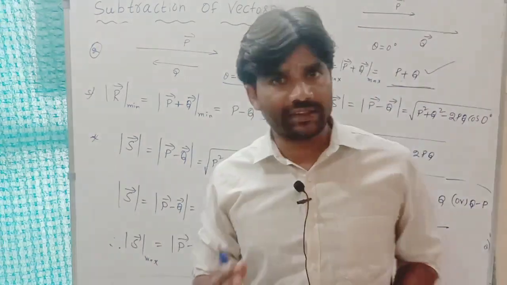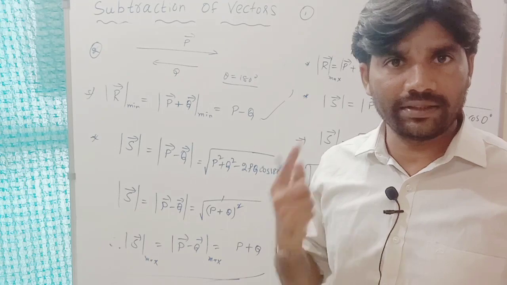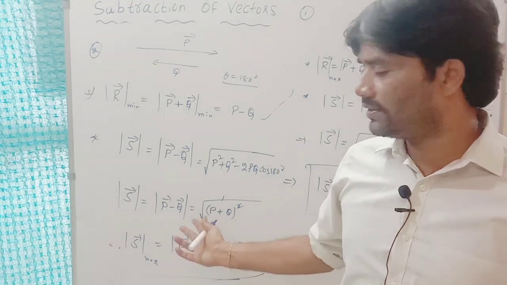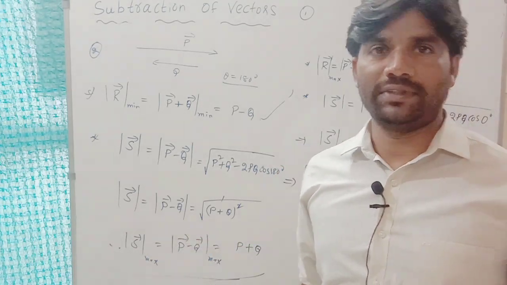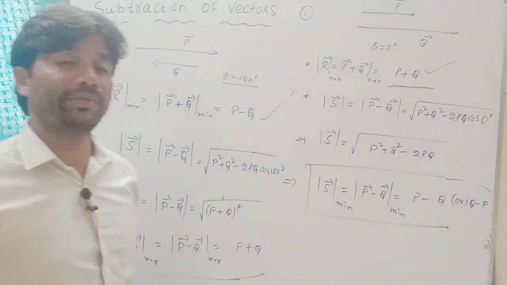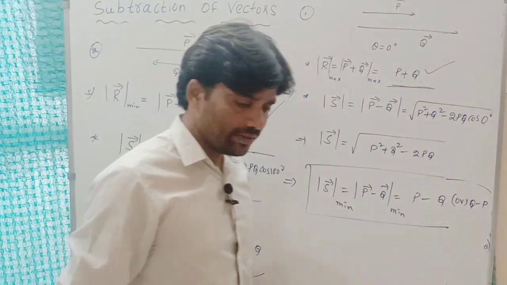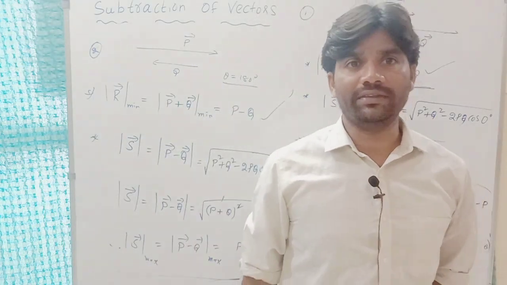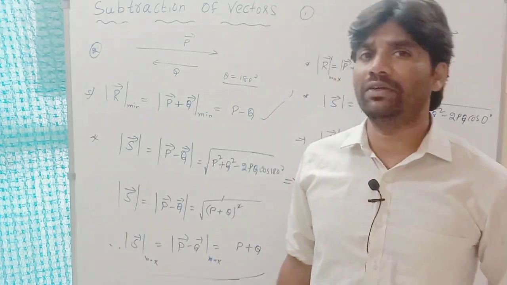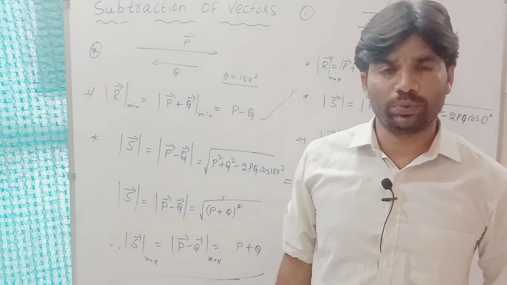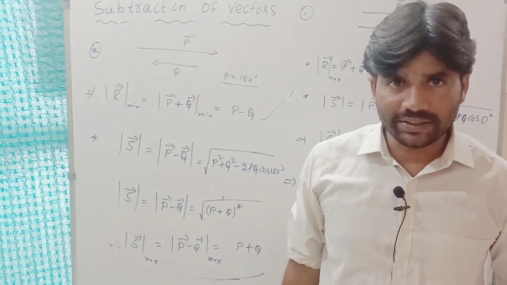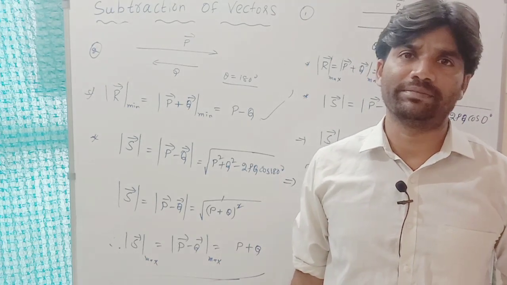More the angle, lesser the resultant, but greater the difference of two vectors. If angle is maximum, S value is maximum, but R value is minimum. When two vectors are in opposite direction, R value is minimum, S value is maximum. When two vectors are parallel, R is maximum, S is minimum.